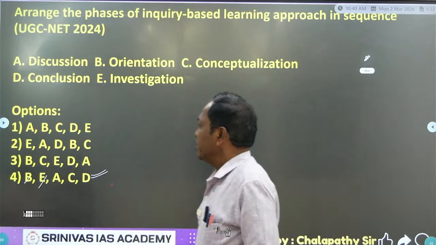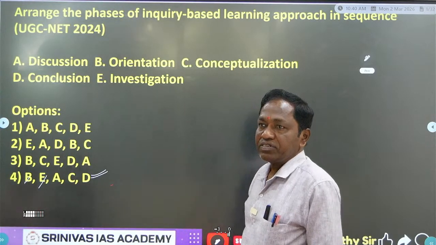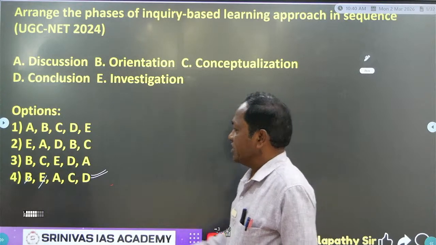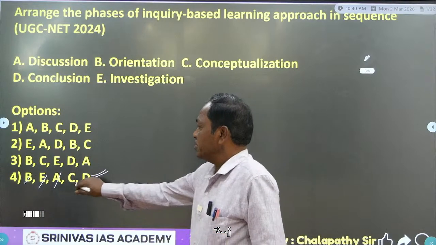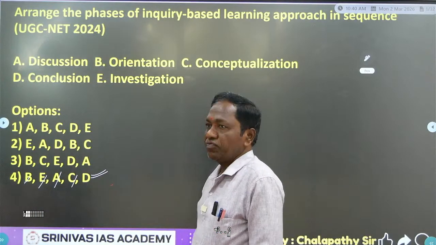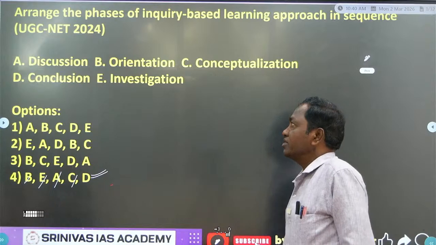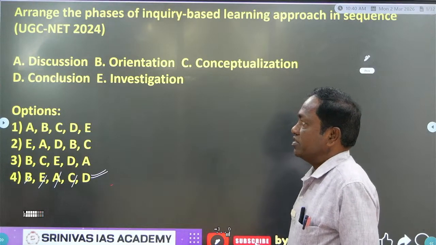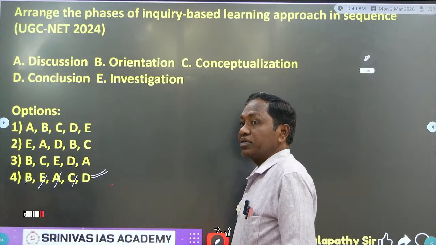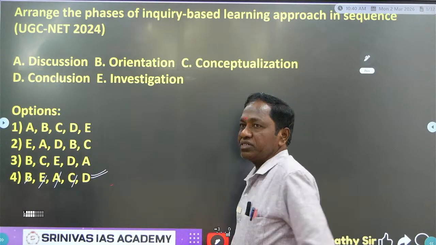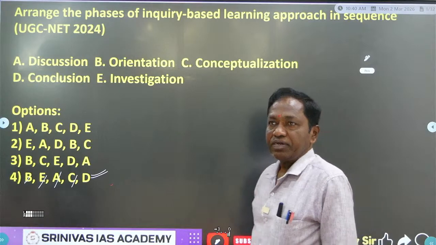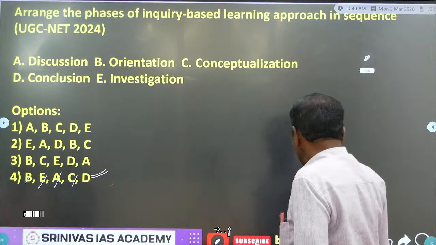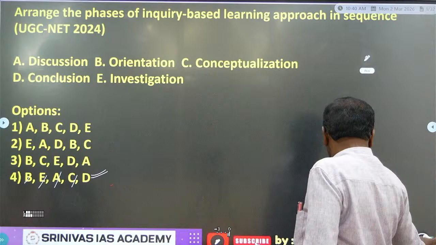A, B, E. Next comes after the investigation, we'll have the discussion. Next comes the conceptualization. This is option 4. Okay. This was the NET exam question. It looks troublesome, but if we go by the options, first thing is you will come to know immediately. Okay. And next, we'll move on to the next question.